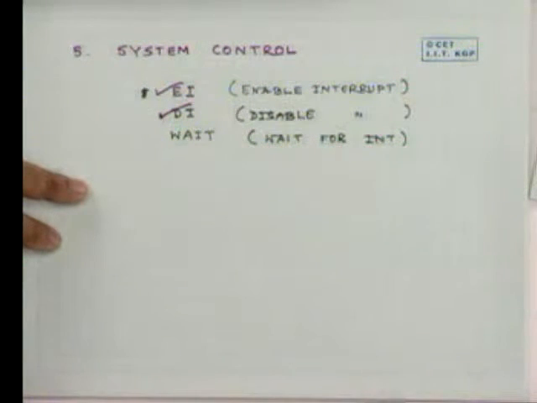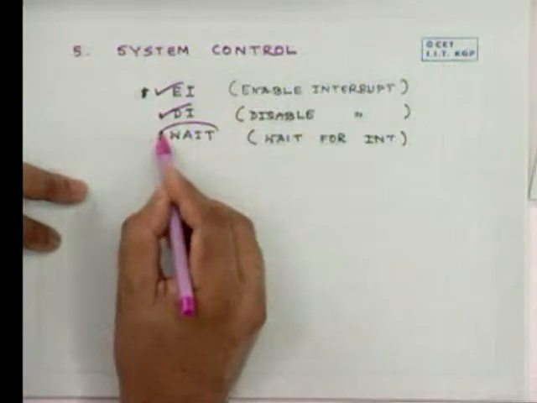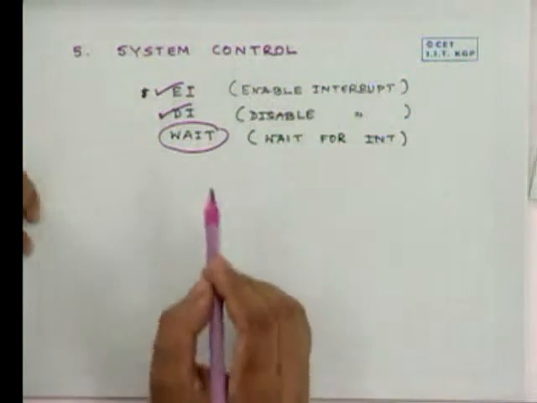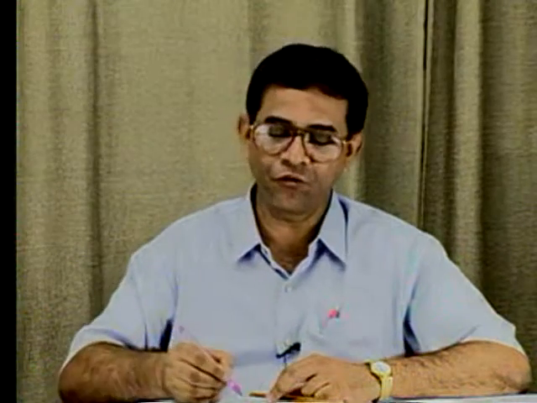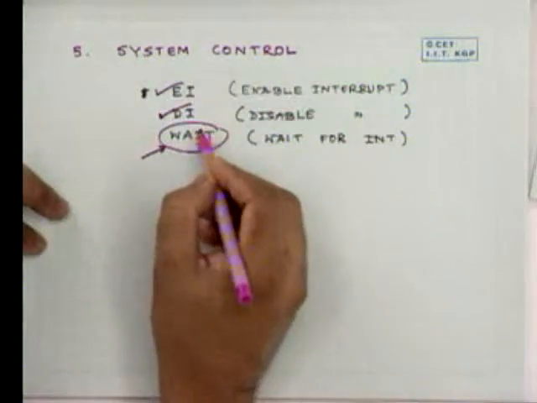Now wait for interrupt is a situation where the CPU has given some job to be done by another subsystem or some input output device, but the CPU cannot proceed any further until that job is completed. For a simple example, say a program has given something to read, but the CPU that is executing needs the data immediately before it can proceed. Therefore, the CPU cannot proceed and has to go to a wait state, executing this wait instruction.